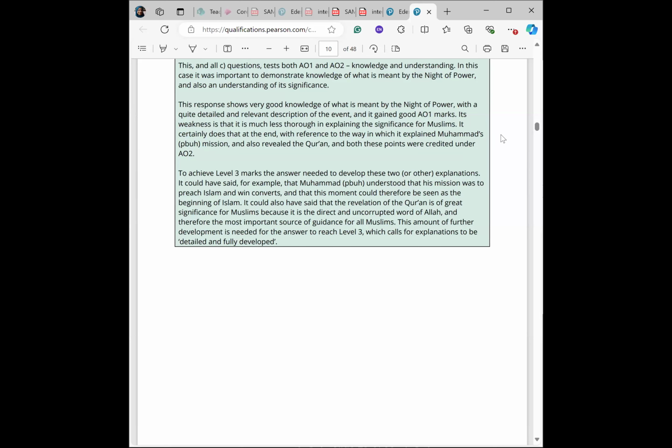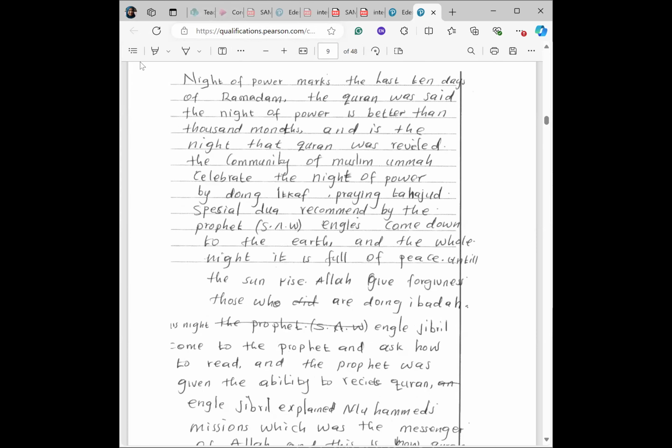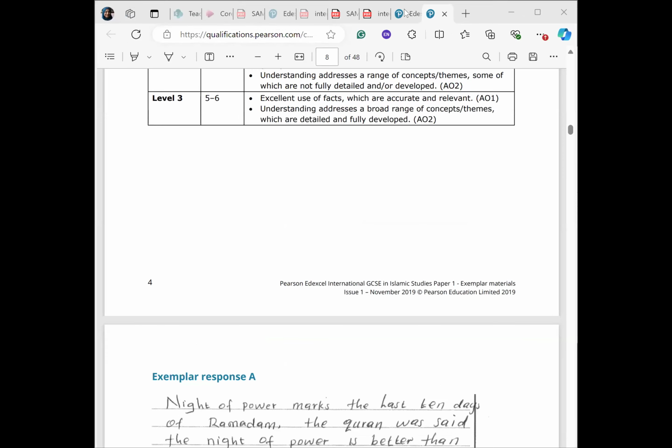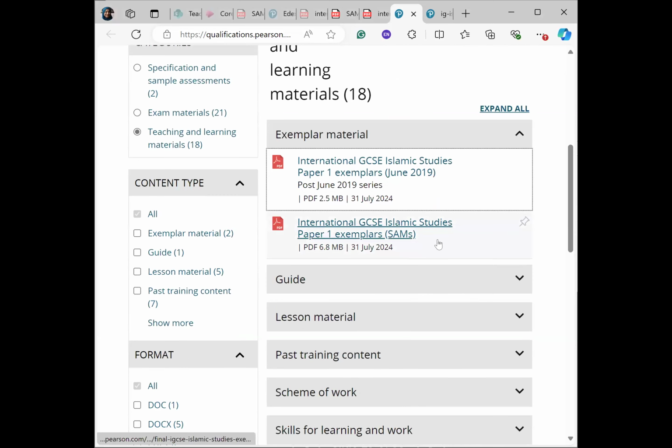So just need to bring this document. Go back to the document and I'll show you something else there. Here you have the SAMS exemplars again, which you have in front of you already.